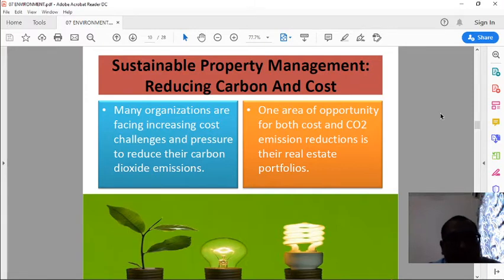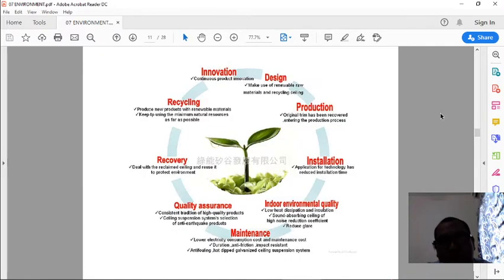So the goal of the organization is that in 10 years' time we will reduce the amount of resources needed to operate the property. So therefore it will reduce the cost, and eventually we will distribute the reduction in cost towards all of the customers or even the tenants inside, right?